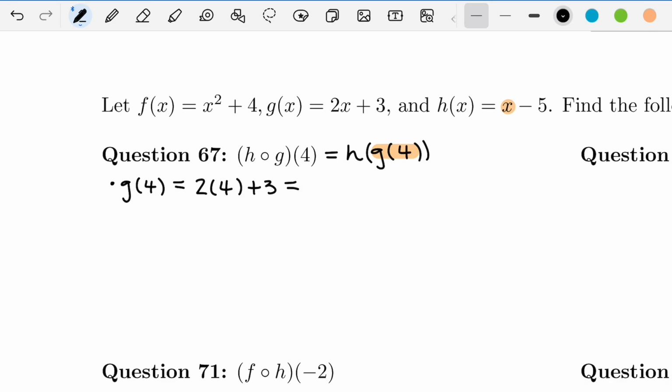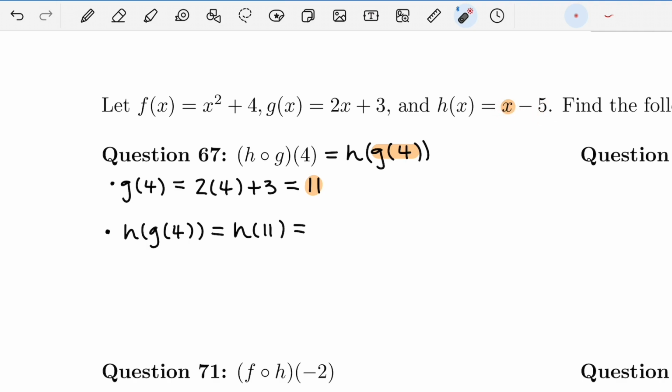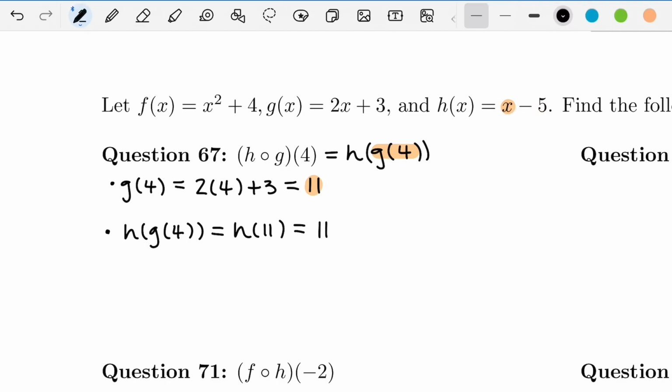So this will give us 8 plus 3, which is 11. So if g of 4 is equal to 11, then we're just evaluating our h of x at 11. So what I mean is we have h of g of 4, which is going to be the same as h of 11, which is h of x evaluated at x is equal to 11. So we'll plug in 11 there, and we get 6.